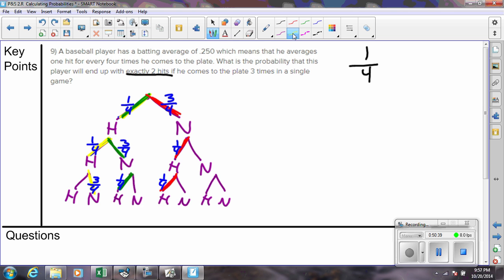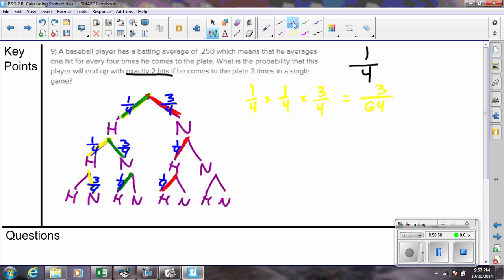So if we would like to get the probabilities, we can say the probability of our first path, 1 out of 4 times 1 out of 4 times 3 out of 4. This is our probability for the first path.